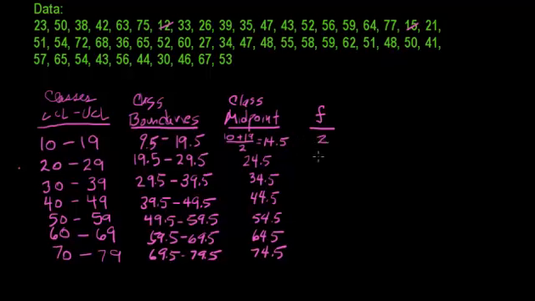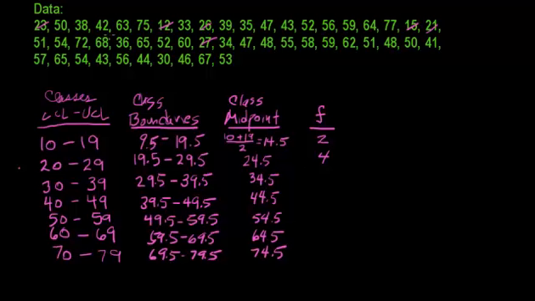The next class is 20 to 29. So here 23, anything beginning with a 20. 26, 21, so that's 3 now. 27, that's 4, and that's all the 20s. So we have 4 in the second class of 20 to 29.